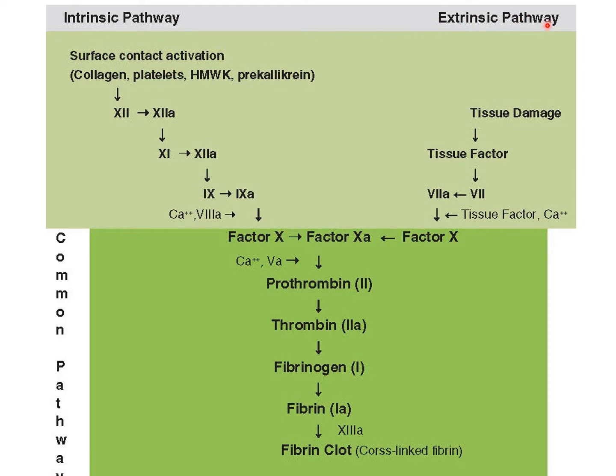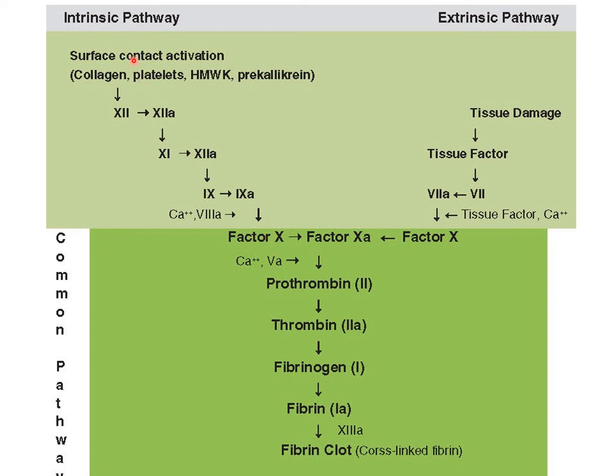The extrinsic pathway, which is short-lived, is initiated earlier and is related to external injuries to the blood vessels. The extrinsic pathway, following tissue damage, leads to release of tissue factor, which activates factor 7, and then ultimately it leads to activation of factor 10.